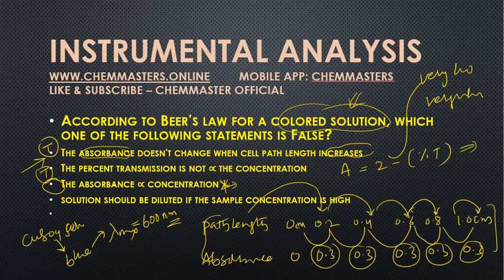So the solution should be diluted to minimize the deviations from the Beer-Lambert law. So the fourth statement is also the correct statement. The only wrong statement here is that absorbance is directly proportional to the concentration. Okay, right. And next question.